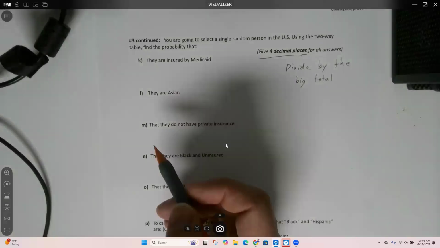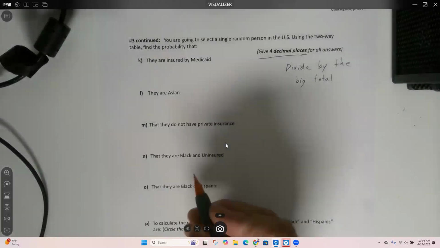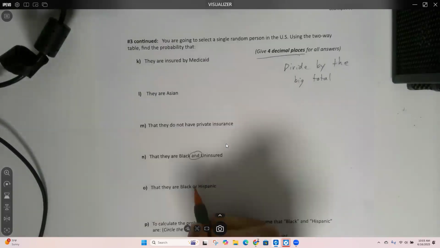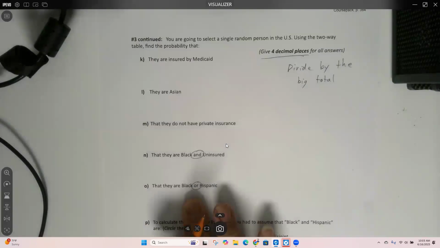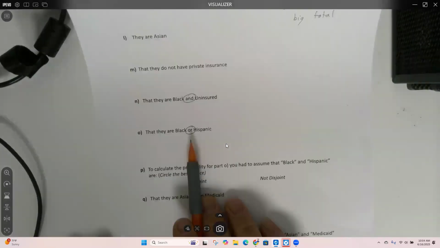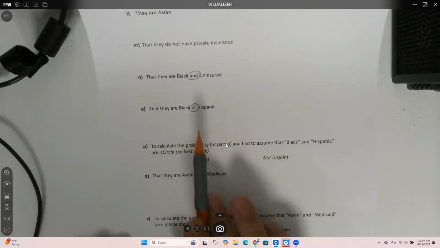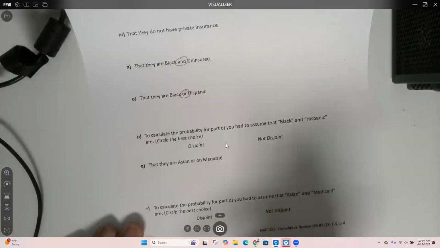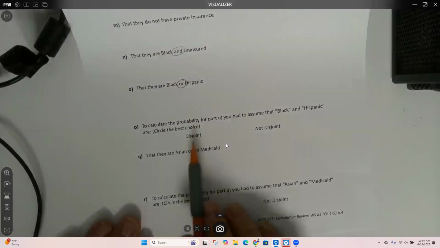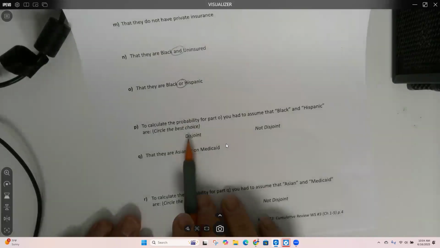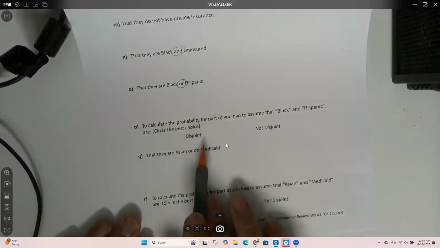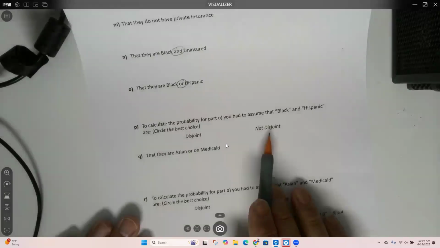Remember what and means in probability versus or. If we want the probability of both, or we have to do a little bit more work with the or. We talked about disjoint. Disjoint means they can't overlap. Not disjoint means they are allowed to overlap.